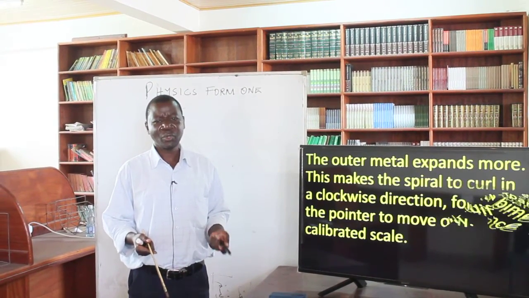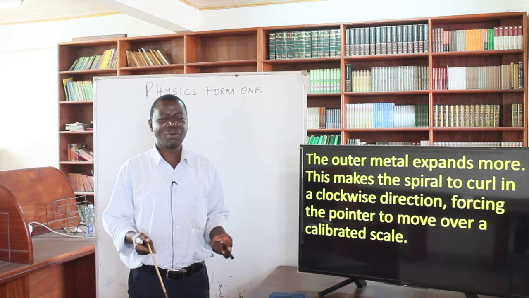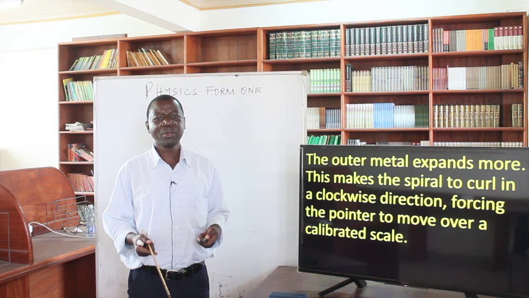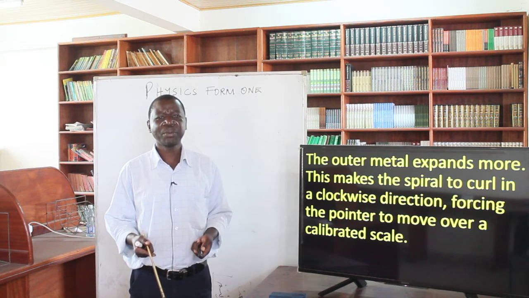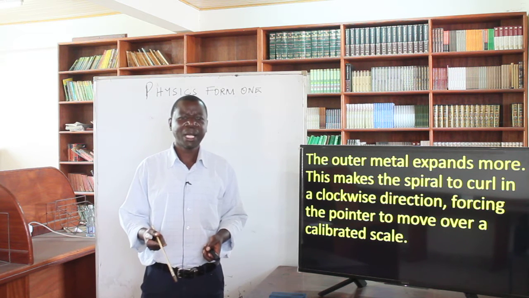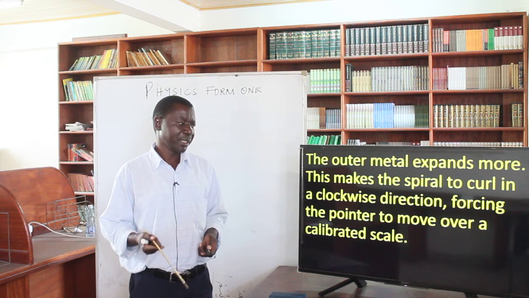The outer metal expands more than the inner metal. This makes the spiral curl in the clockwise direction, forcing the pointer to move over the calibrated scale and show us the reading.